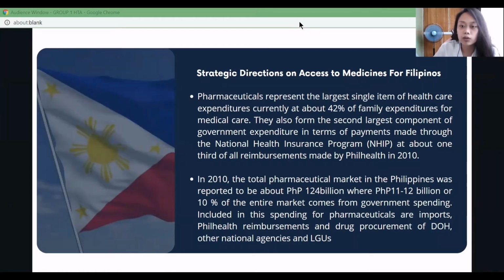And in 2010, the total pharmaceutical market in the Philippines was reported to be about 124 billion, where 11 to 12 billion, or 10% of the entire market, comes from government spending. Included in this spending for pharmaceuticals are imports, PhilHealth reimbursement, and drug procurement of the DOH, other national agencies, and LGUs.